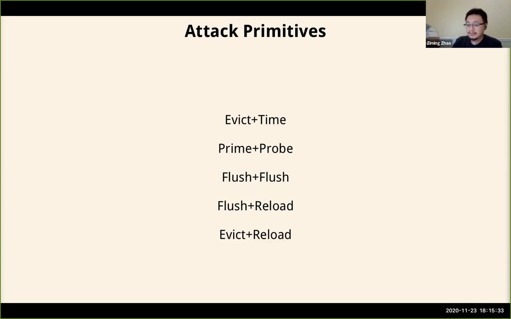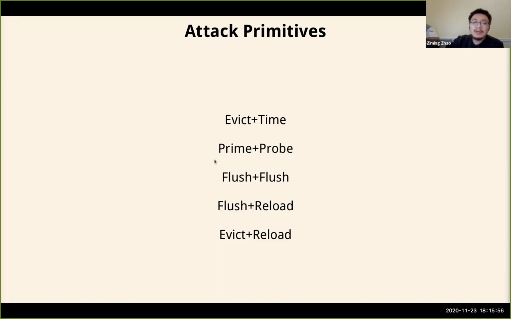So all those approaches right now have very catchy names like this. It's always like evict plus time or evict and time, those names. But those names don't really mean the attack can be carried out in simple 2 steps. They are just very catchy names. Okay, we will look at most of them.